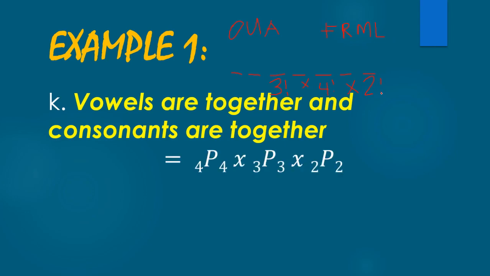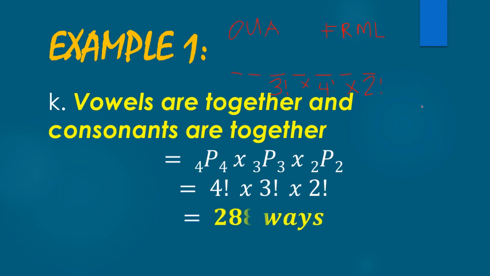So that could be 4P4 times 3P3 times 2P2, or that is 4 factorial times 3 factorial times 2 factorial. So the order does not matter here. That would be equal to 288 ways.